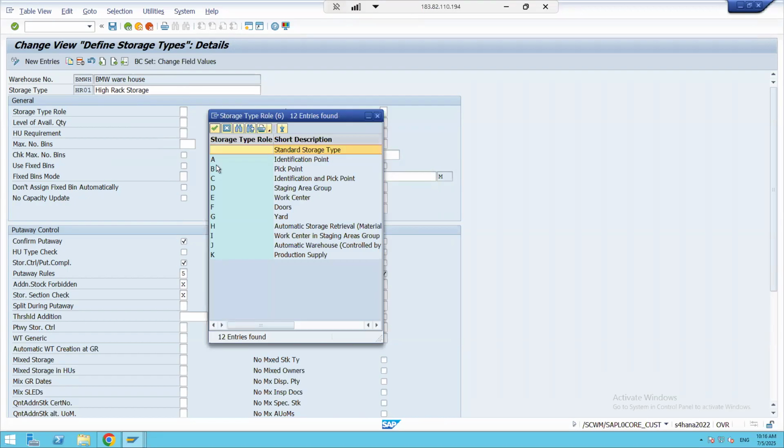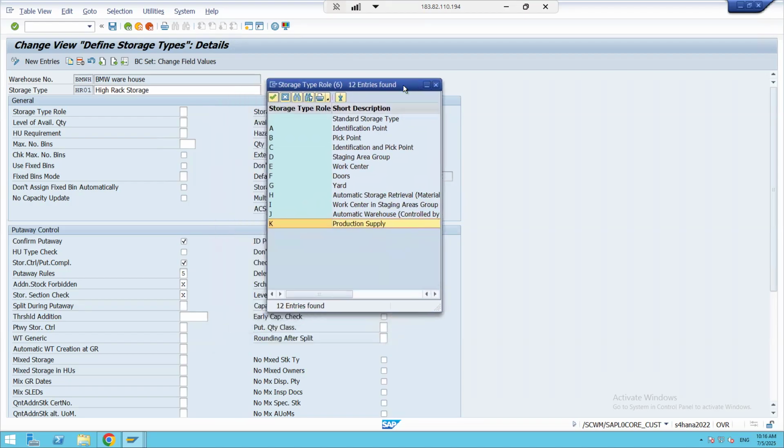You cannot have your own roles; you need to go ahead with SAP-given roles. The first one is standard storage type, then identification point, pick point, ID point and pick point, staging area group, work centers, doors, automatic storage interval, work centers, automatic warehouse, and production supply. I have these many roles available in the system.